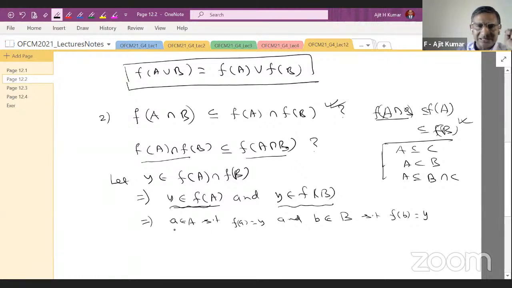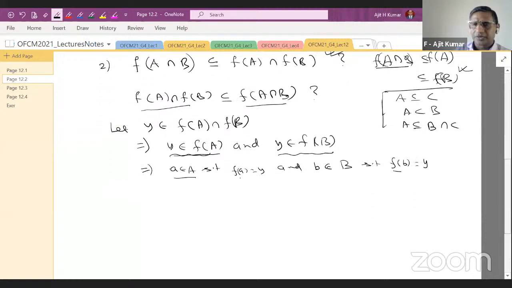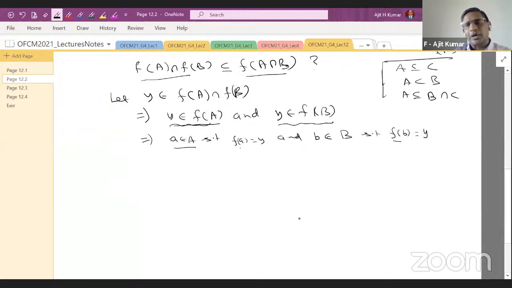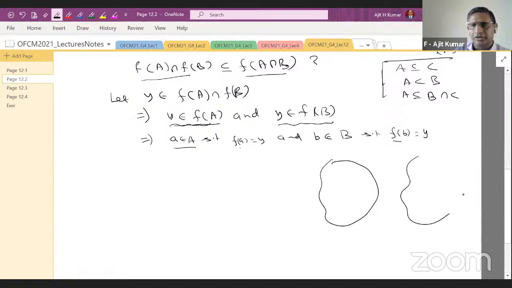What we have got is there is some a in capital A such that y is equal to f of a, and there exists b in capital B such that f of b is equal to y. Just to assist you, let me again draw the figure: x, y here.